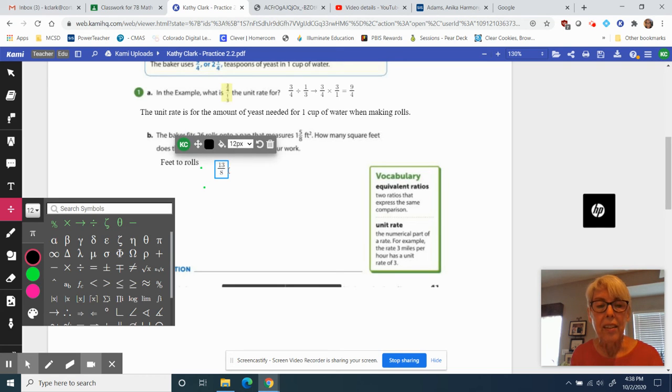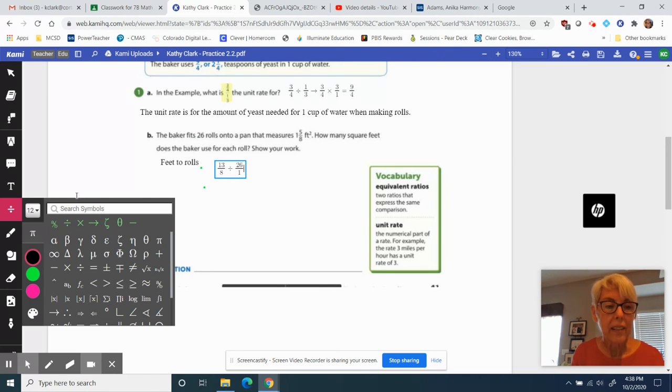And we are dividing that by 26 over 1. So 26 is the number of rolls. So 26 over 1.